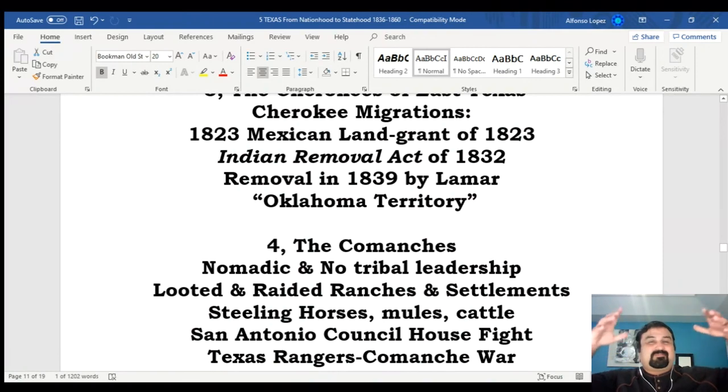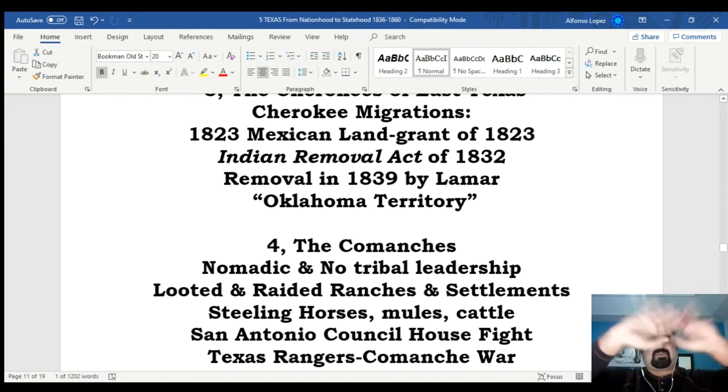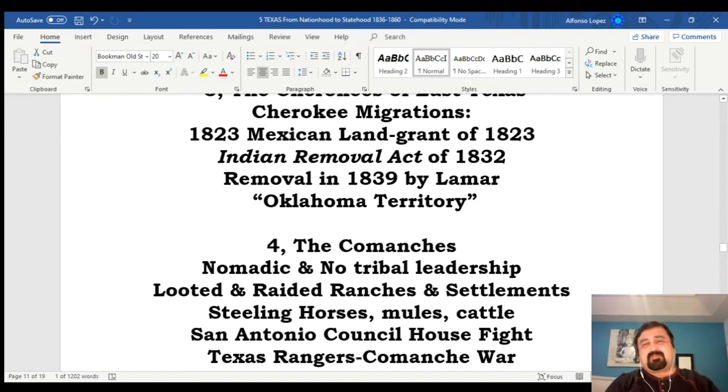They were to be moved there because that was the policy, again, of the United States. The Indian Removal Act was to remove the Native Americans so they could be moved to the Oklahoma territory, as it was called. So you got the Cherokees being removed in 1839 by President Lamar.